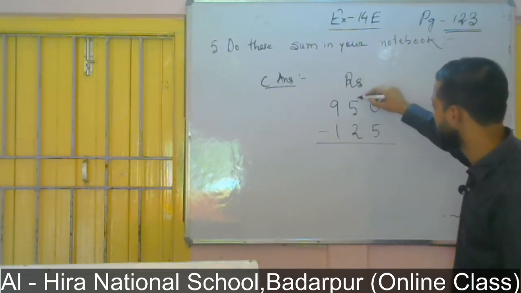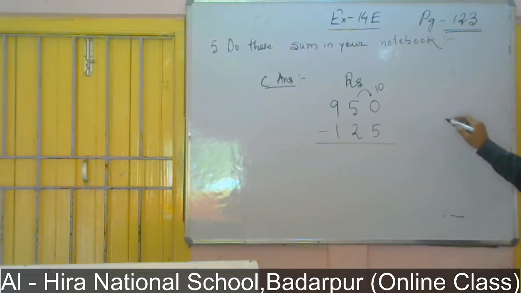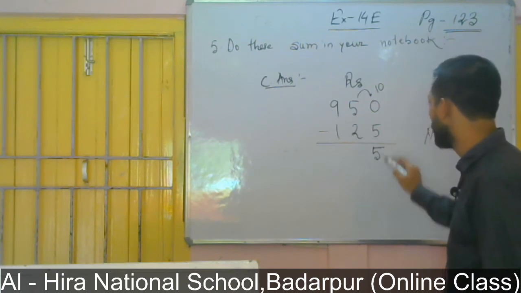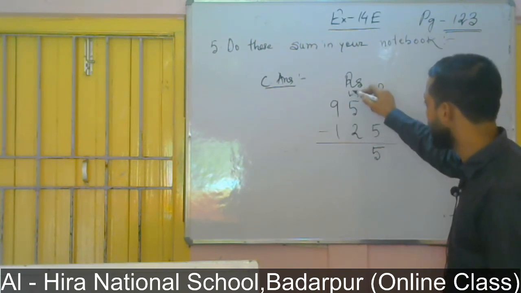That is why we have to carry 1. If we carry 1, then here instead of 0 we'll get 10. So 10 minus 5 equals 5. So here instead of 5 we'll get 4.